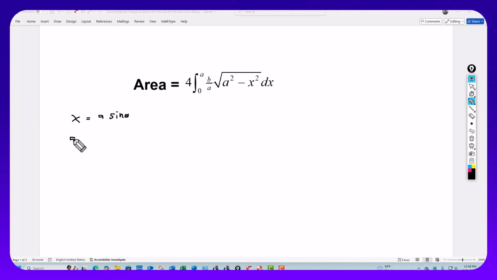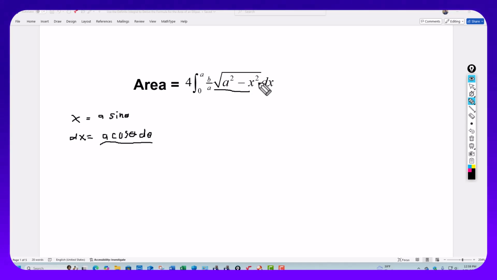Then dx will equal the derivative of a sine, so this will be a cosine of theta d theta. We're also going to change the limits of integration. Obviously the dx is going to be replaced by this.